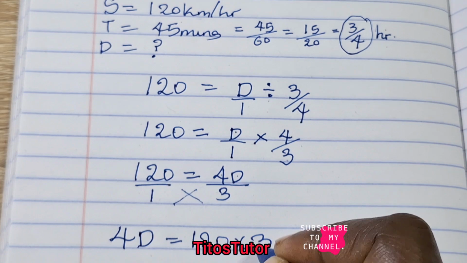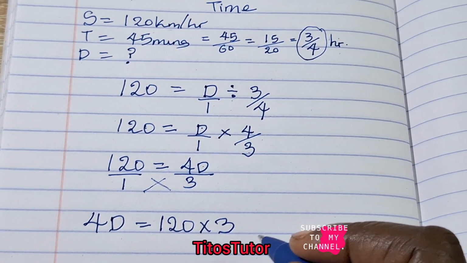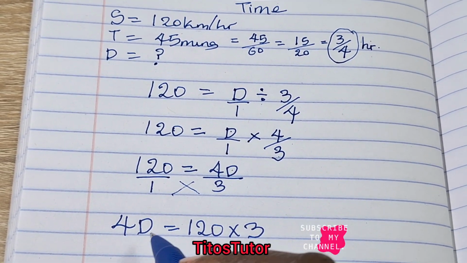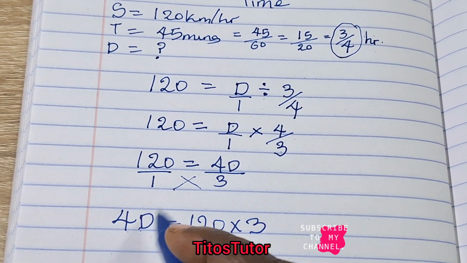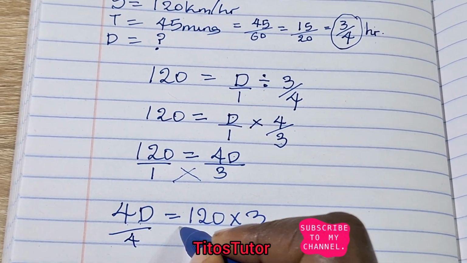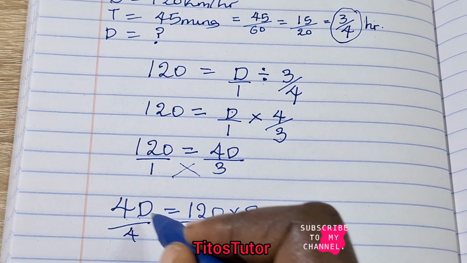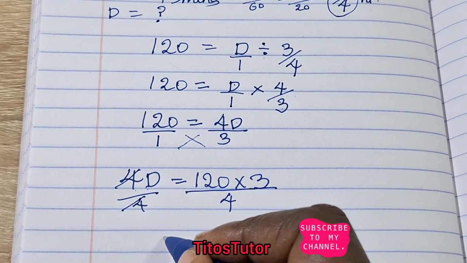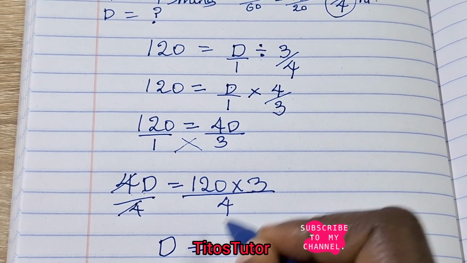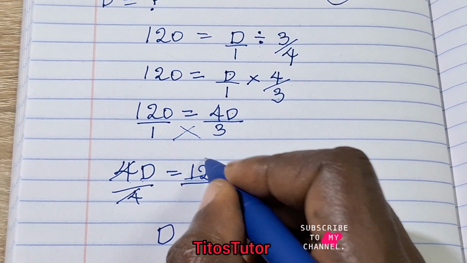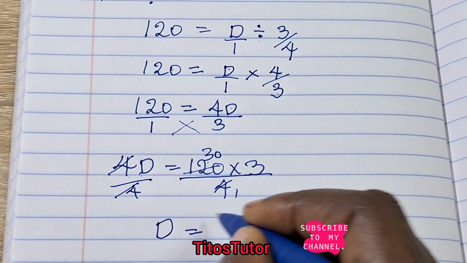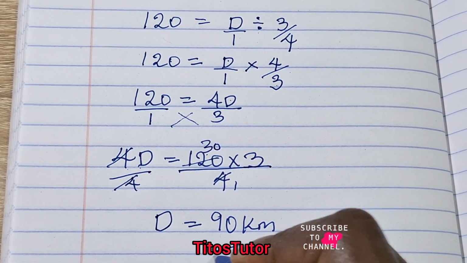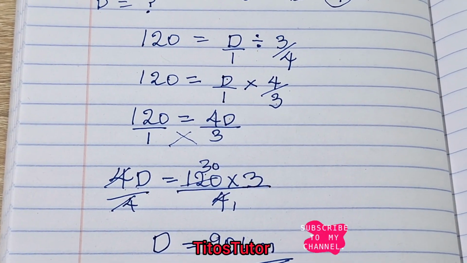Okay, 120 times 3. Then I'm not looking for 4d, I'm looking for just d. So over 4, over 4. My 4 cancels 4. I'm left with just my d. 4 here 1, 4 here 30. 30 times 3, 90 kilometer is my distance, and I'm done.